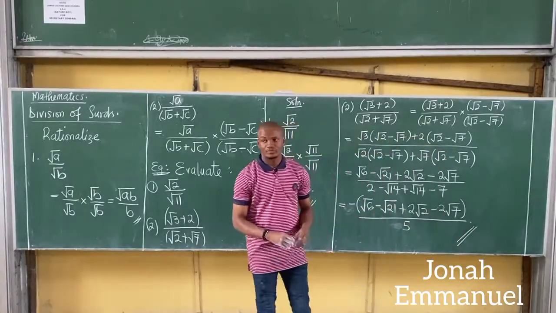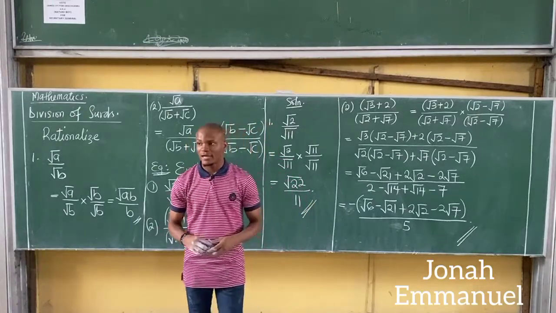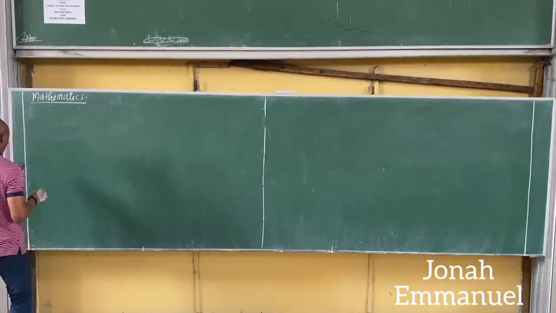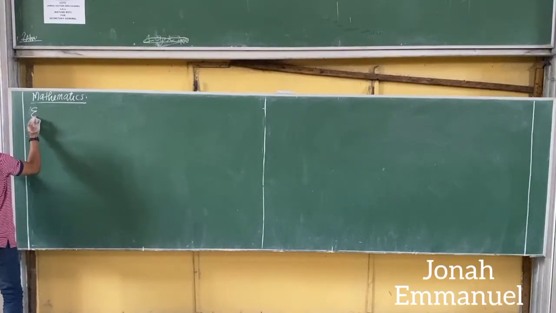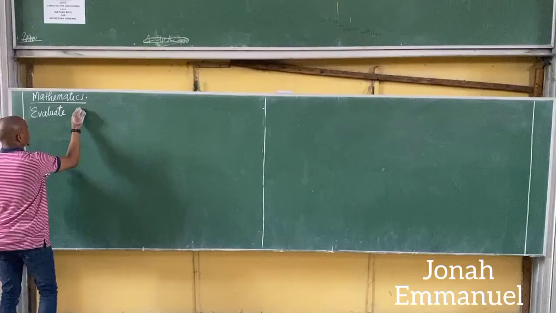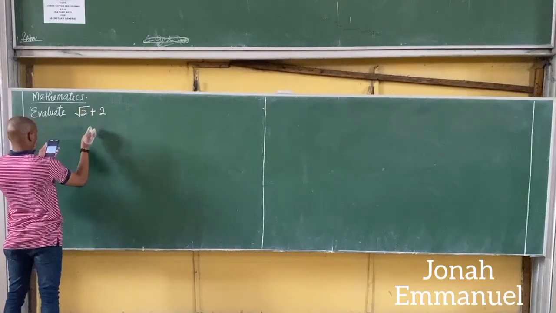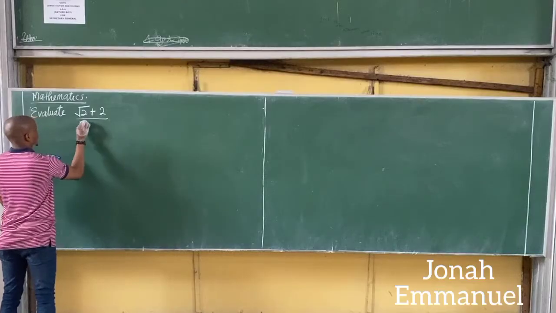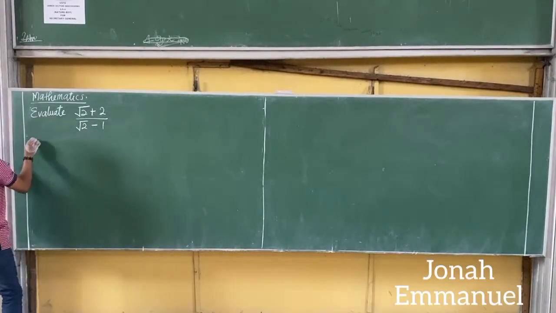Alright, so that's it. Let's take some JAMB questions and solve as many as you can. This one says evaluate root 2 plus 2 all over root 2 minus 1. Here are your options.